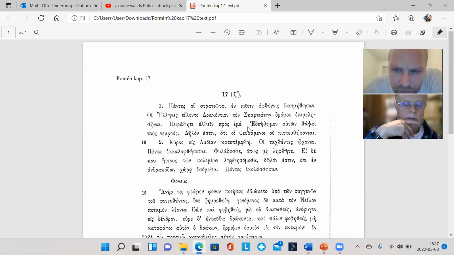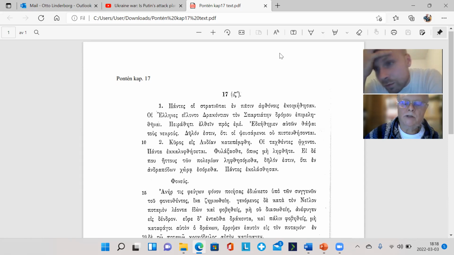So that's a plural aorist passive. First person plural. So we missed, or we lacked, or we. Yeah, deomai could be all of these. It could also be "ask," actually.